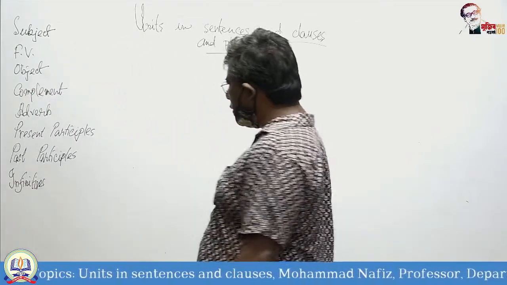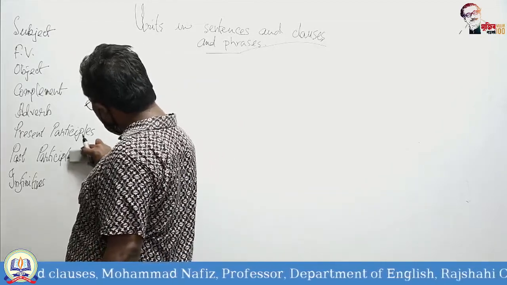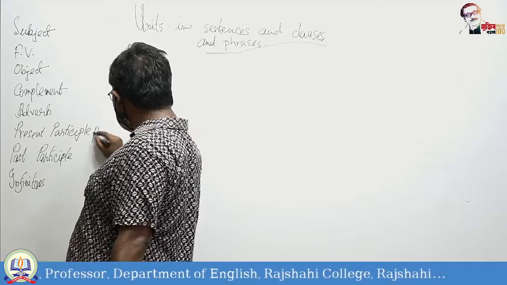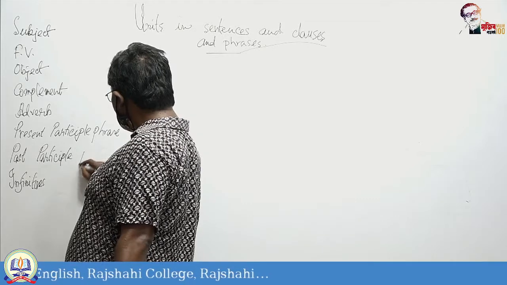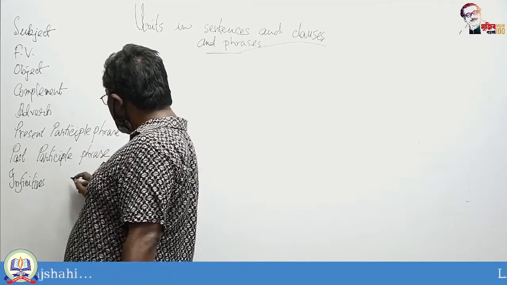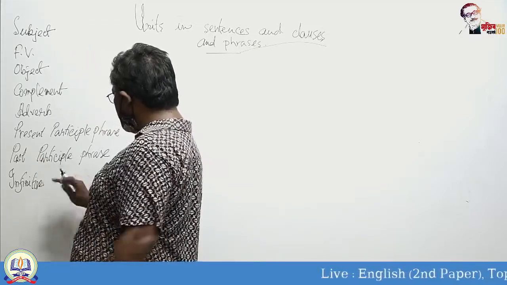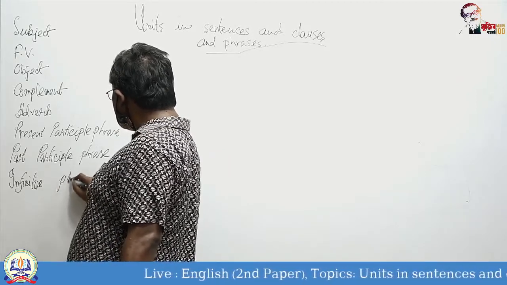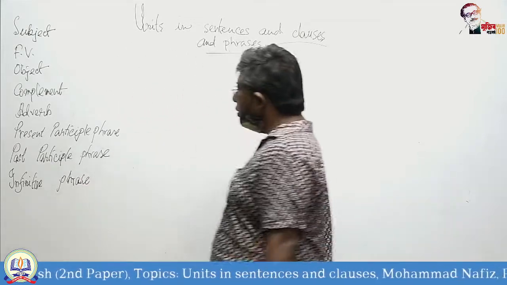Well, rather we should say present participle phrase, past participle phrase, and infinitive phrase can also make the units in a sentence.